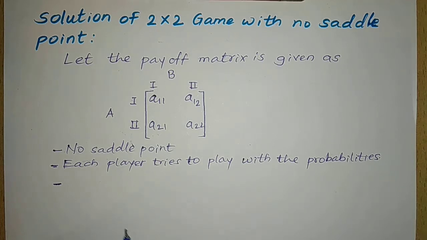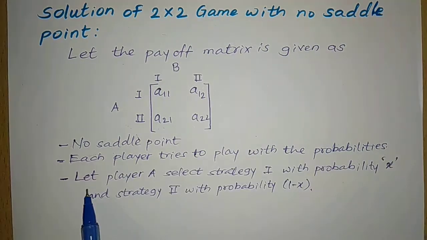Now say each player plays with a certain set of probabilities. Let us assume here player A plays strategy 1 with the probability x. Friends, let player A select strategy 1 with probability x and strategy 2 with probability 1 minus x.